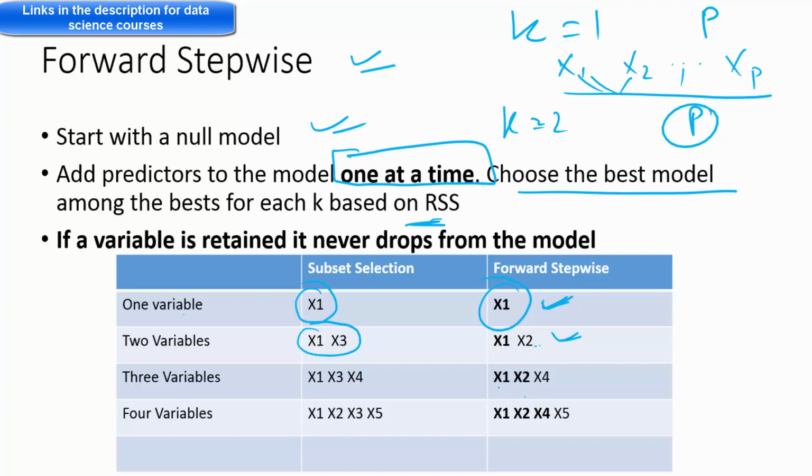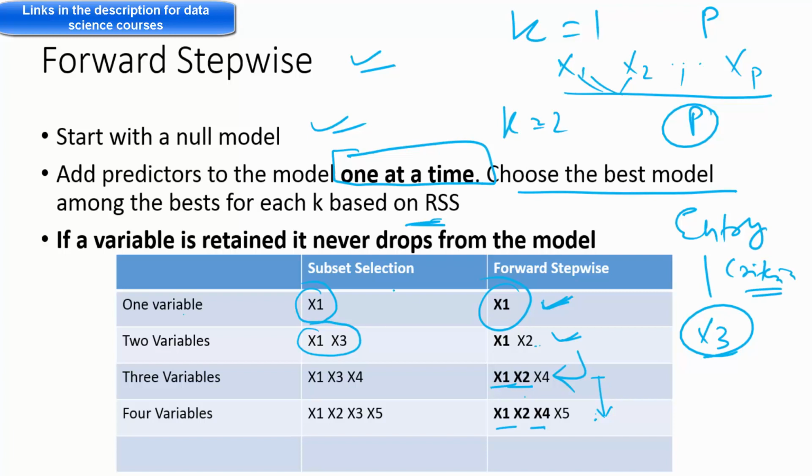So in the third model we have x1, x2, but x3 was not part of it, which directly went ahead with x4. And the fourth model with four variables, you can see x1, x2, x4 and x5. So there is no x3. So x3 got dropped here, and you do not have x3. So x3 did not meet what is known as an entry criteria.